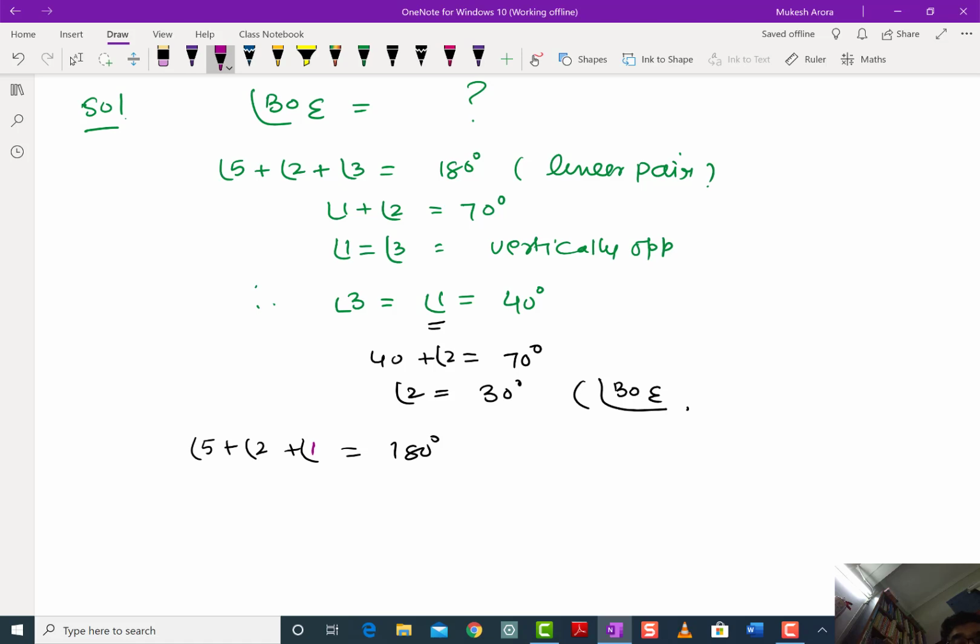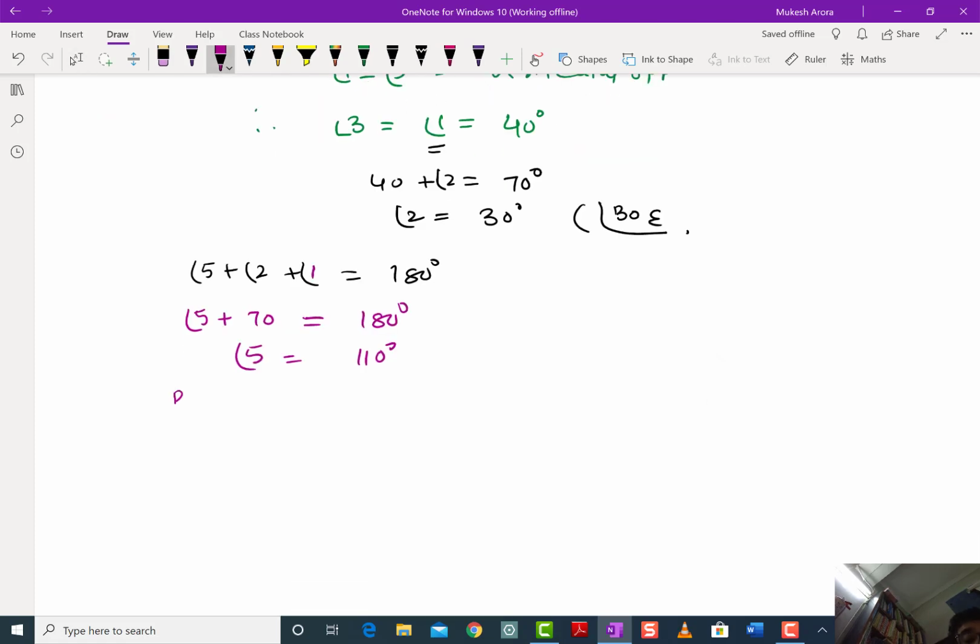Sorry. So angle 5 plus 70 is equal to 180. Angle 5 is equal to 110. We have to find the reflex of angle 5. That will be 360 minus 110, which is 250. Right?